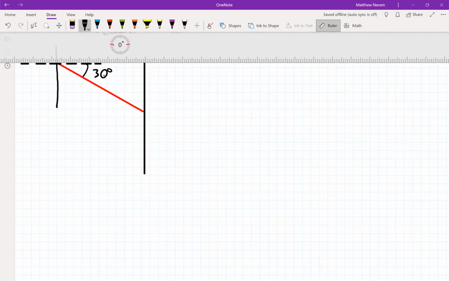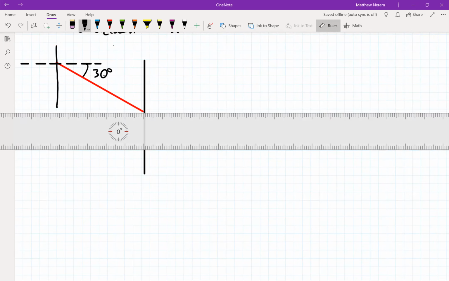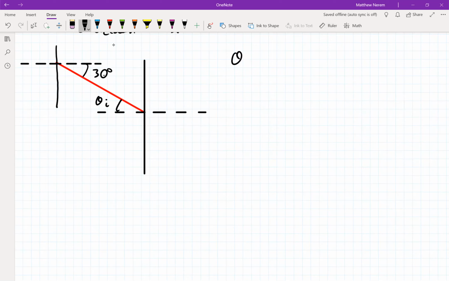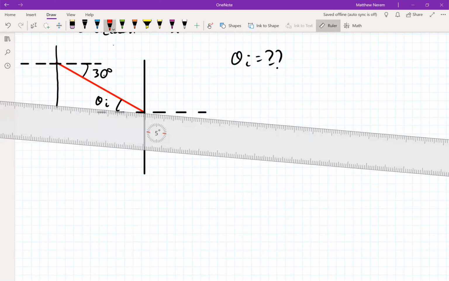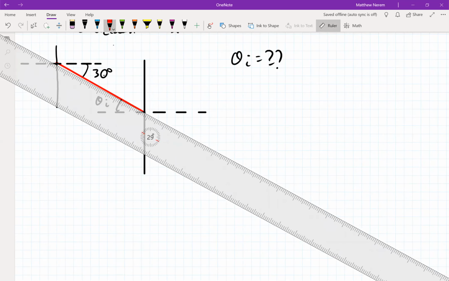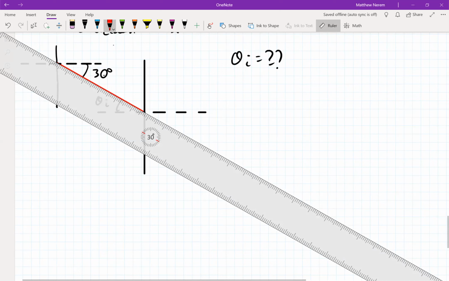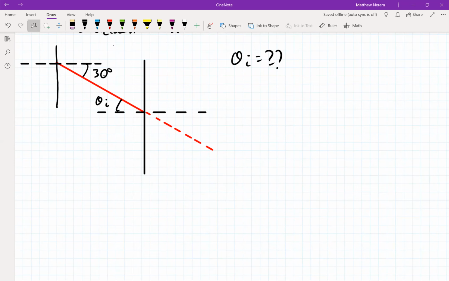But we need to know the angle here now. Well, we can do just geometric extension. We'll extend the red ray, and then we'll identify our corresponding angles. And like I said, some of you might be able to just do this immediately, but let's go through the detail for those who need the practice.